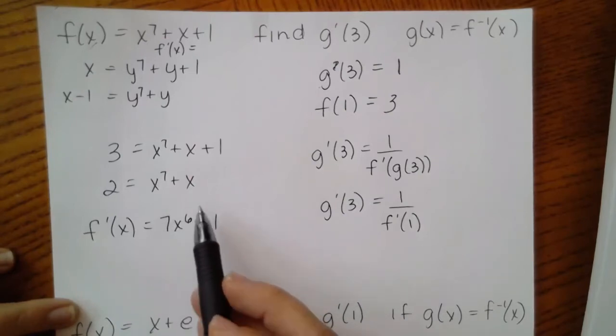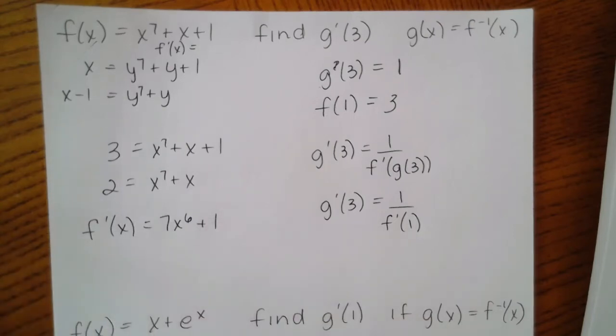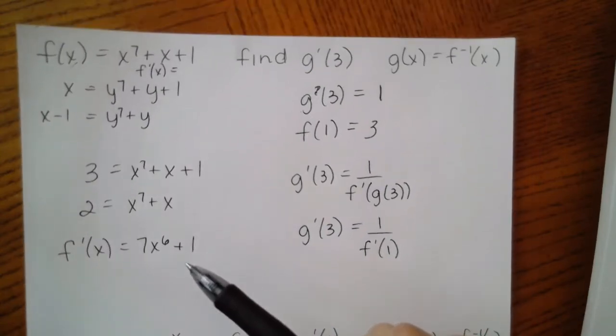So I'm going to have 7 times something that's always positive plus 1. So f prime will always be positive. What that means about the original f is that the slope is always positive, meaning f is always increasing. So it should be a one-to-one function that has an inverse, okay? And it's a polynomial, so we should know that it does in fact have an inverse, okay?